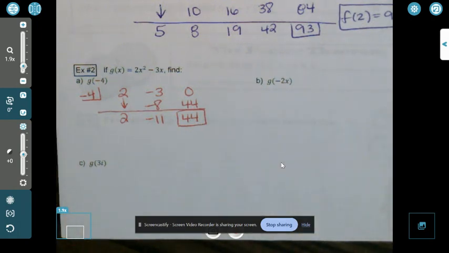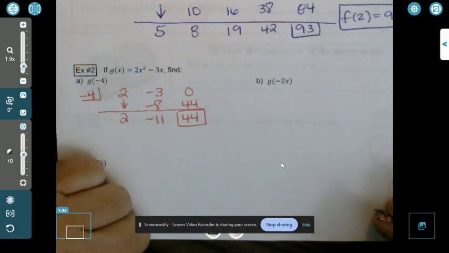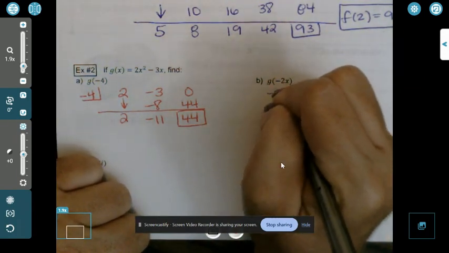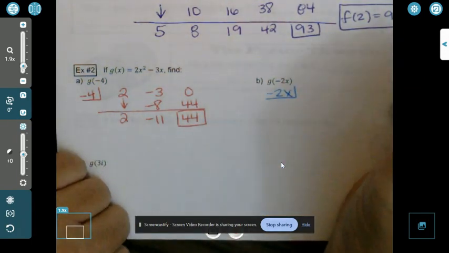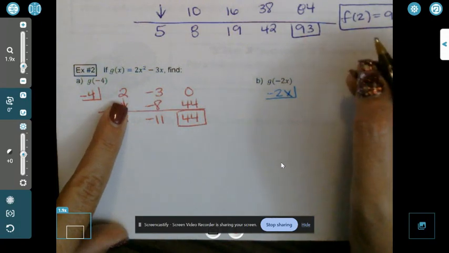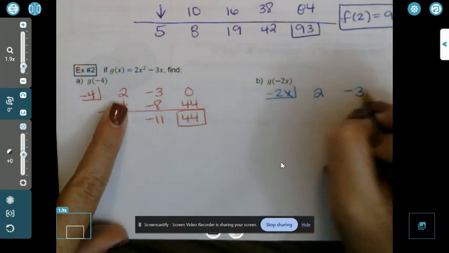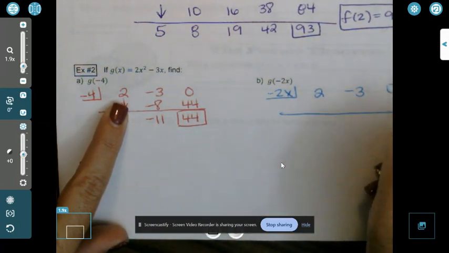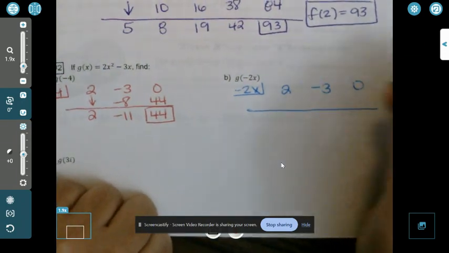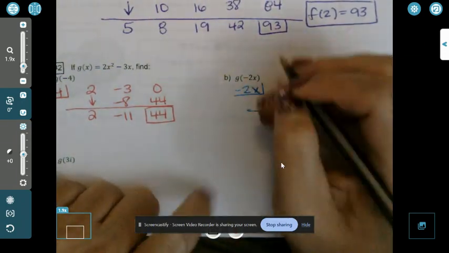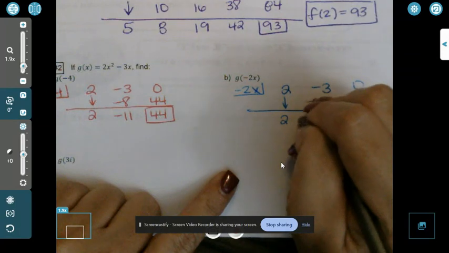And you'll see here in B and C that we can do different things. It's not always just a constant number. All right, so we're going to do g of -2x here. That means -2x goes in the box, process is still the same, and we're still using 2, -3, and 0. So 2 comes down. -2x times 2 is -4x.